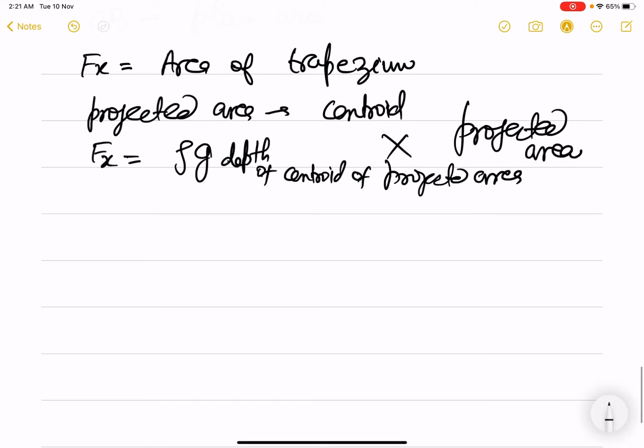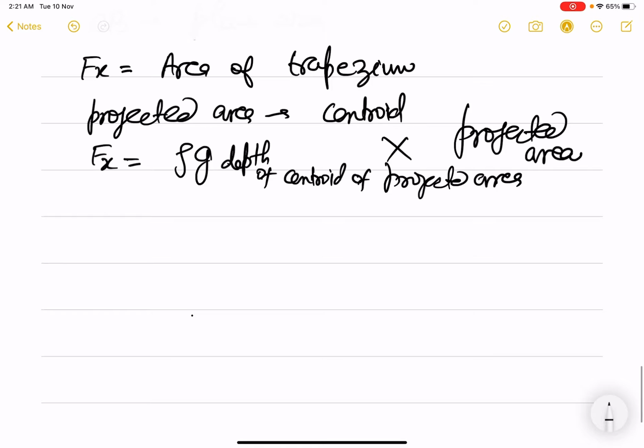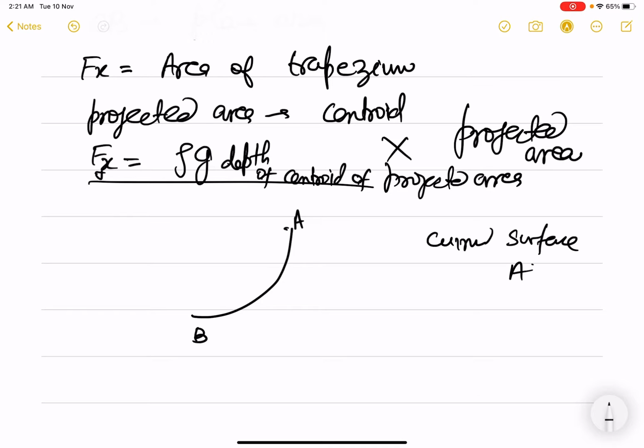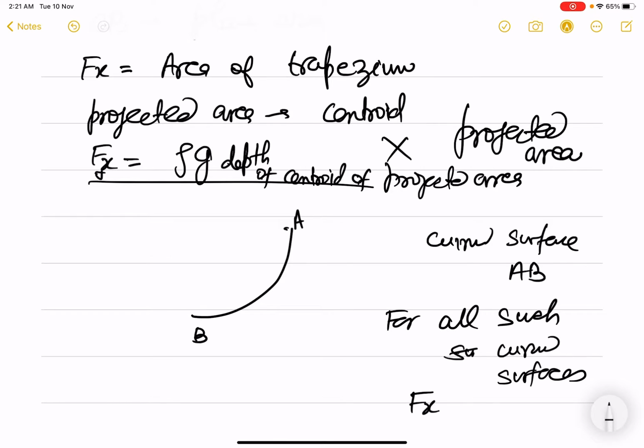Now this also tells you, if you have 2 points A and B under some fluid, then if there is a curved surface AB, for all such curved surfaces, the Fx is the same.